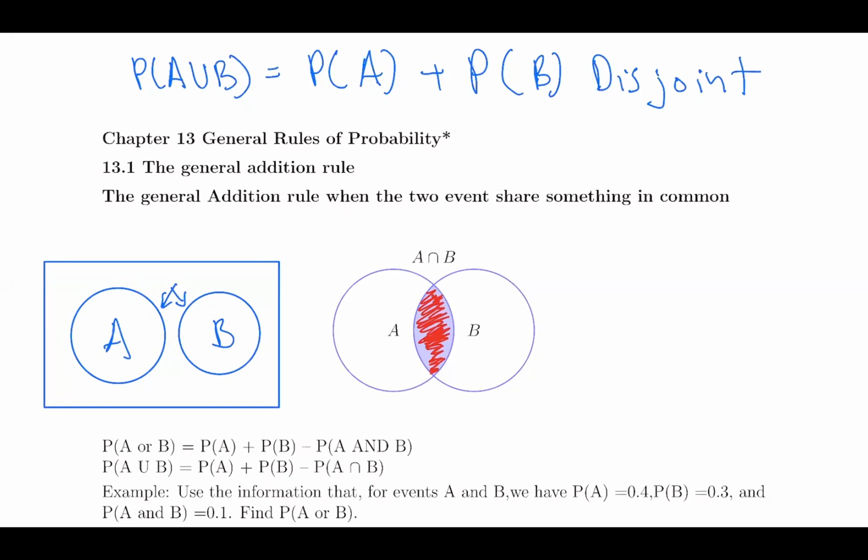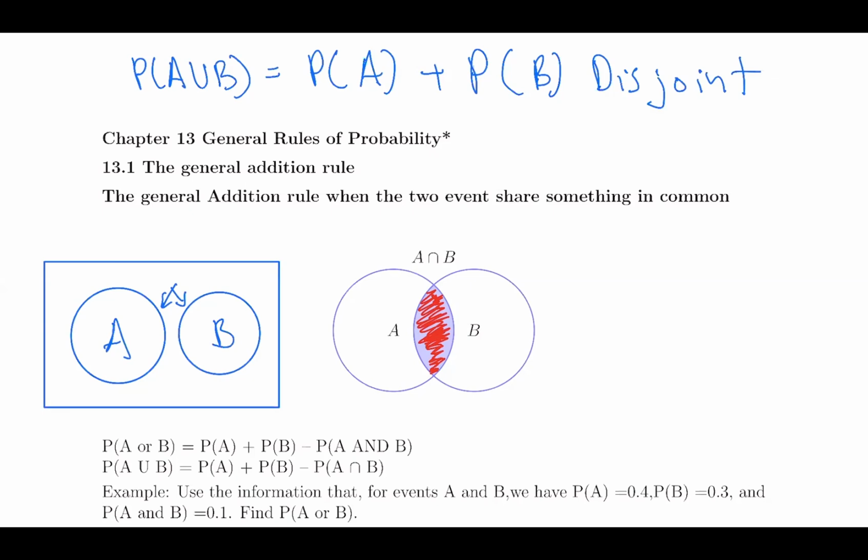intersect. When they overlap, we have to adjust our formula, because we can't do the probability of A and add it to the probability of B, because that would give us an answer that doesn't represent what we're looking for.